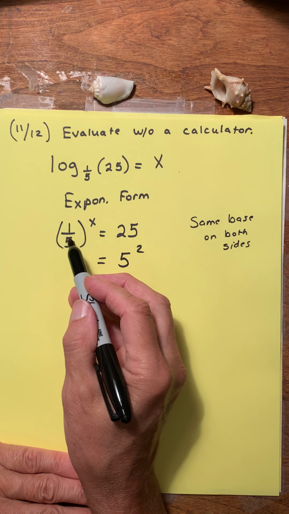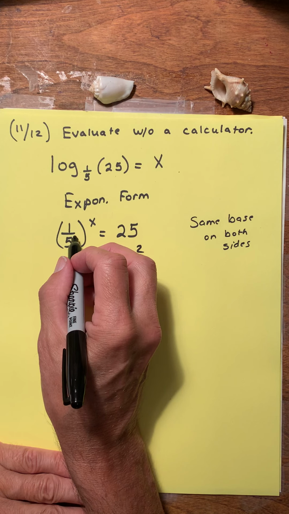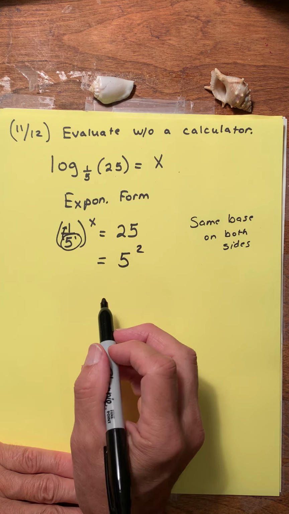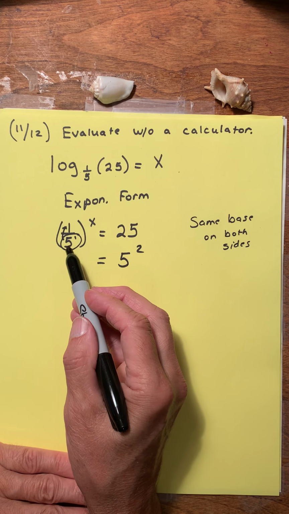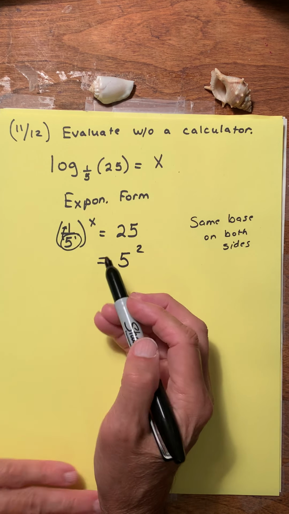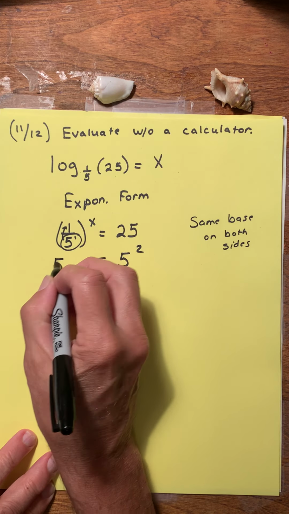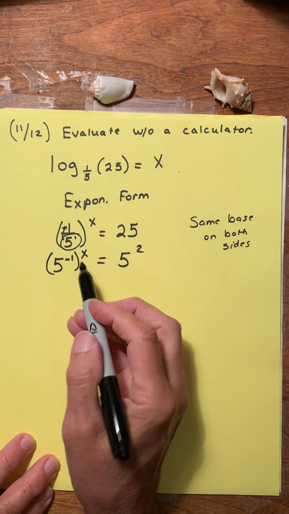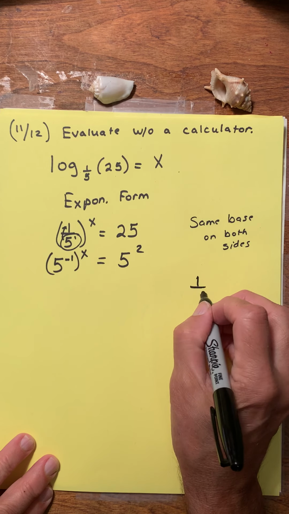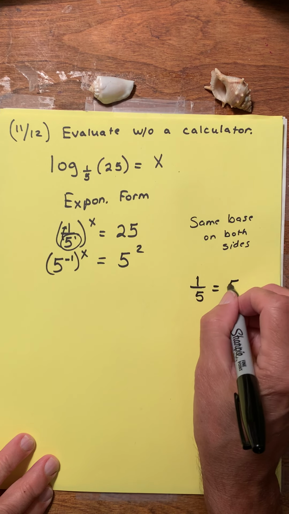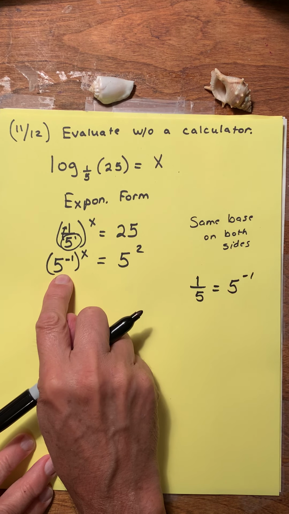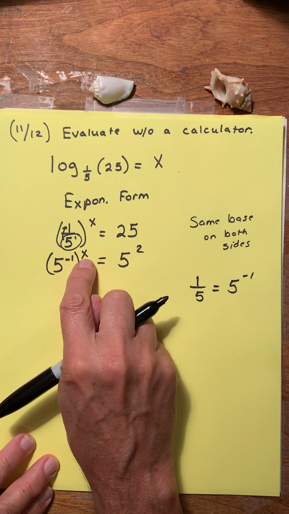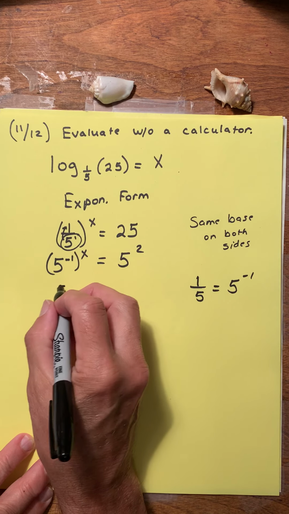But this is 1/5. This is not 5. Hey, you know what I can do? I can move this to the other part of the fraction and change the sign of my exponent. So in the place of 1/5, I express 1/5 as 5 to the negative 1. Power to a power, multiply your exponents. Negative 1 times x.